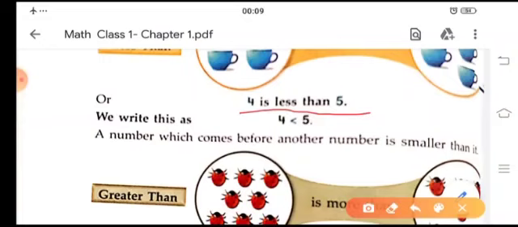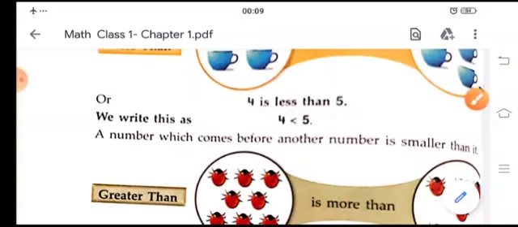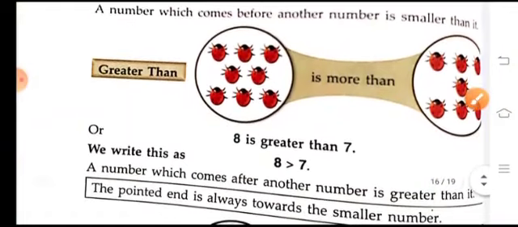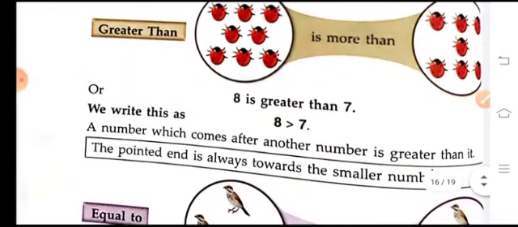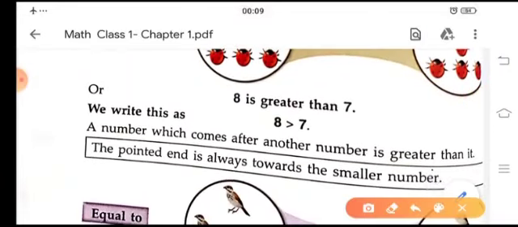So what is the sign in between? If we write less, then this sign is used for writing less. Okay, and if you say more, that means more is shown in this manner. The sign of writing more is this. Okay, suppose here 8 is greater than 7.